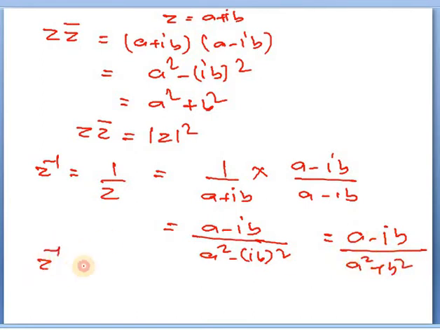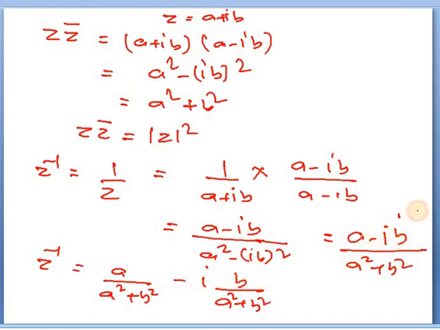Now we can write a upon (a square plus b square) minus ib upon (a square plus b square). Or we can write this as the complex conjugate, z bar upon mod of z square. So z inverse is equal to the conjugate of z upon the modulus of z square. This is the relation between the multiplicative inverse, the complex number and the modulus of a complex number.